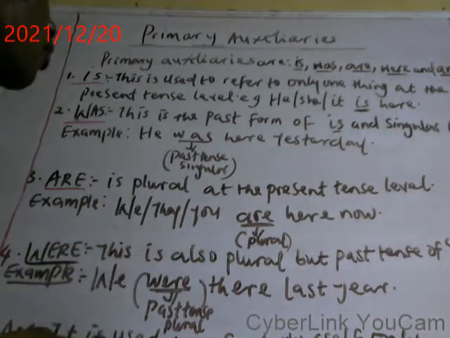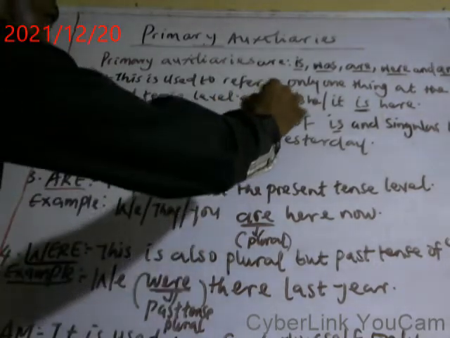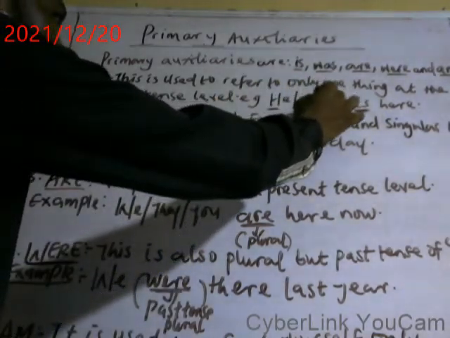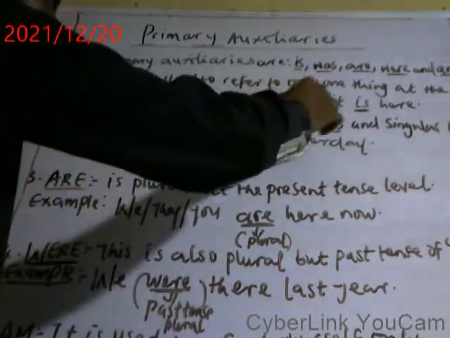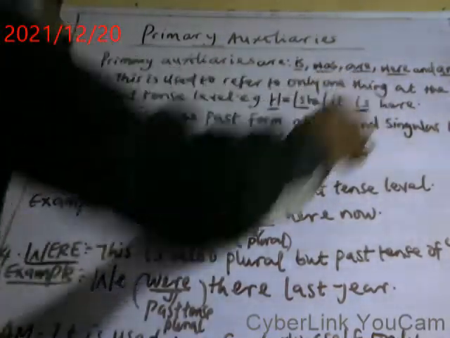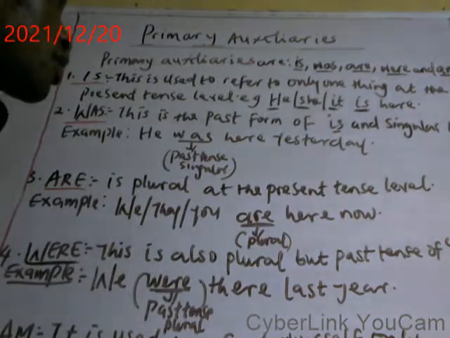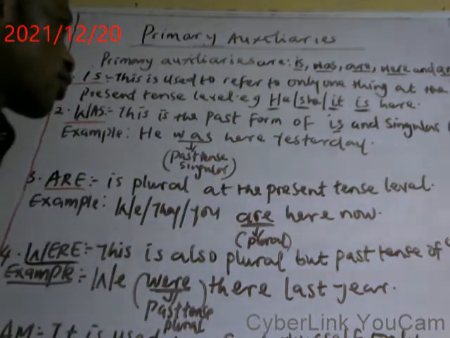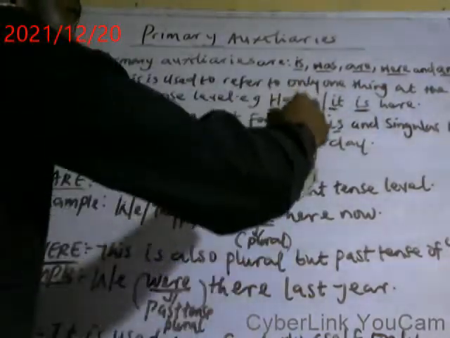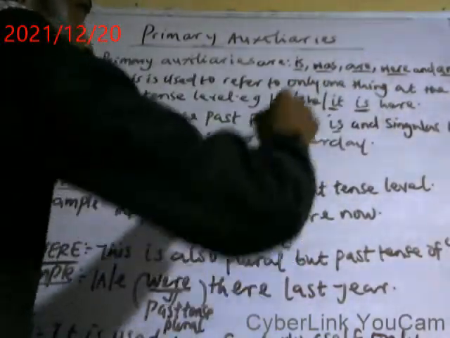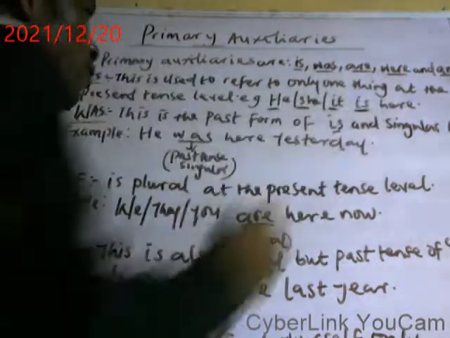For example, look at this. He, she, it is a. He, she, it is what? Is a. Okay? Don't get it confused. He is a. She is a. It is a.